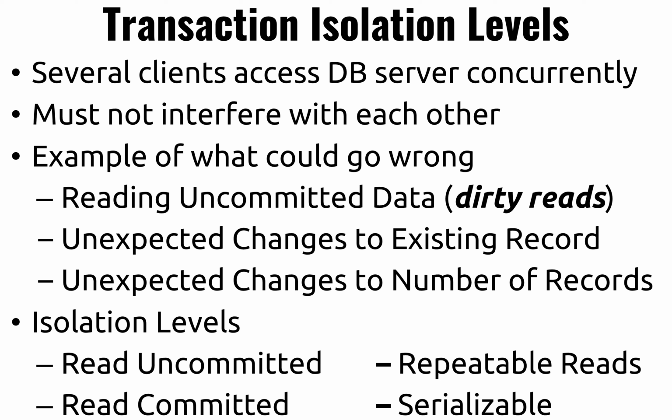So let's take a look at all the things that could go wrong when we are not using transactions. One of the things we could imagine is that if somebody is writing a piece of information that is not yet made permanent, I might be looking at data that is stale, or that has not yet been committed.